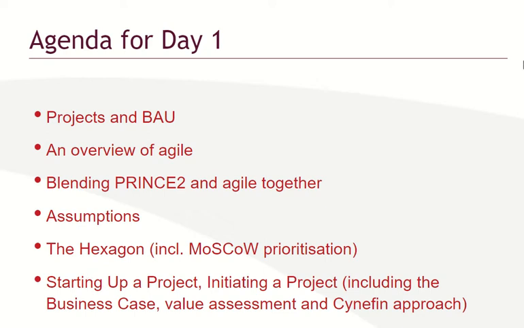Then we look at the approach to project management from the Prince2 point of view. You have different stages. The first stage is always called starting up a project. And then you have another stage called initiating a project. When you are initiating a project, you have to include a business case.